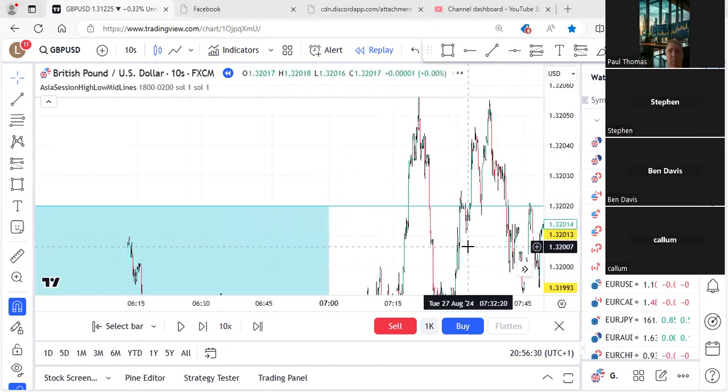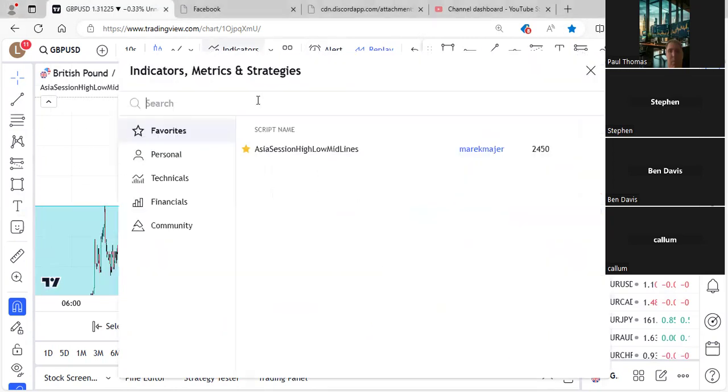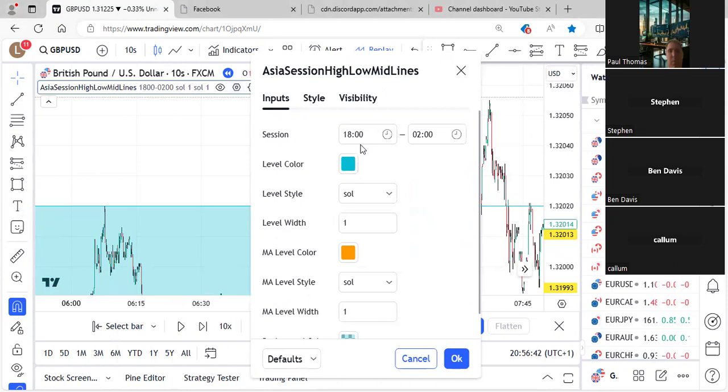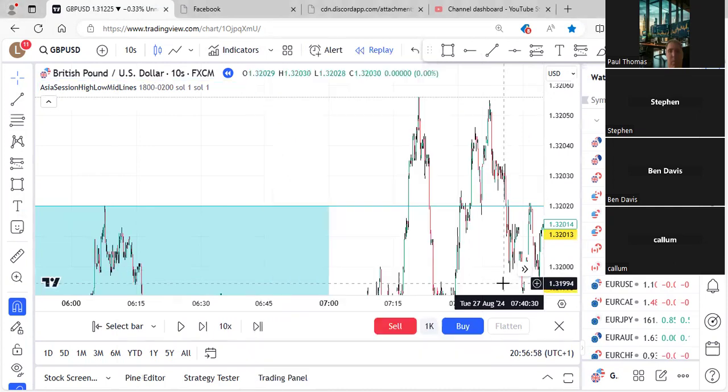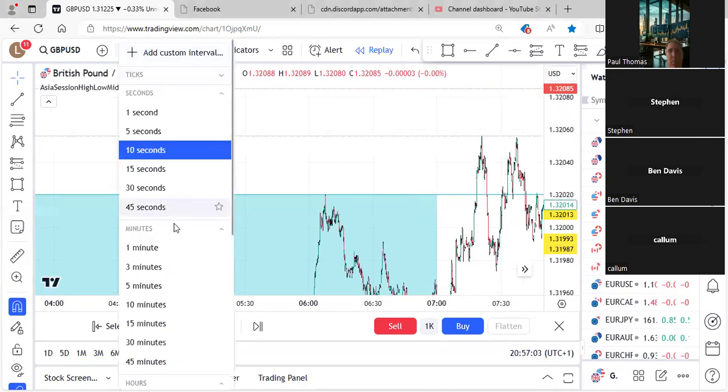The time next to the Asian session, where it says you have to keep that time on it, don't you? Yes, because I moved mine to normal time and it was all over the shop. I'll just click on settings. So these are the times I've got. It's 6 till 2 on the indicator, but I think because the indicator's created in America or wherever, it shows on their time, but TradingView's in our time, so it links to be right if you use that time.